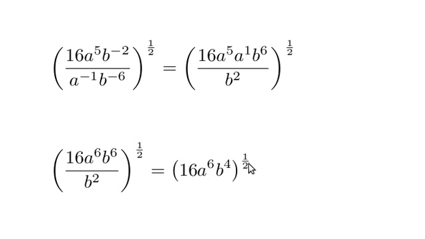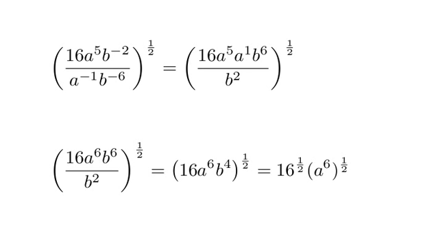And now we are in a position where we can distribute this 1/2 to the 16, to the a squared, and the b squared. So this is 16 to the power of 1/2 times a to the 6th, to the power of 1/2, and b to the 4th, to the power of 1/2.